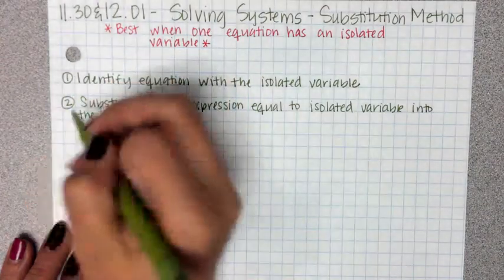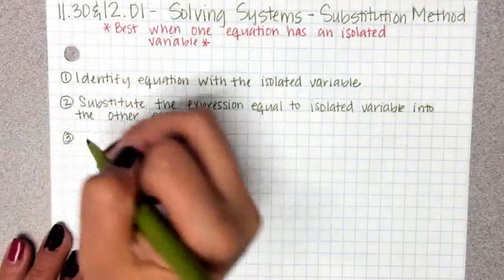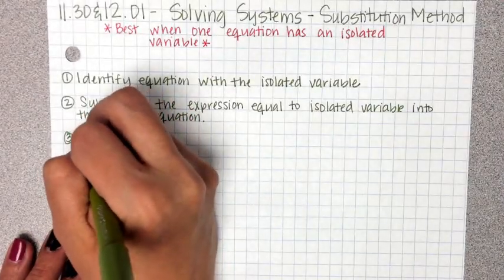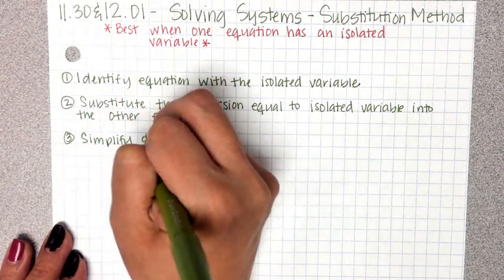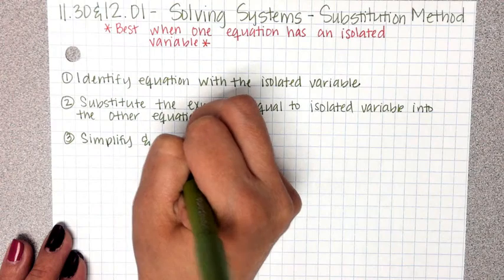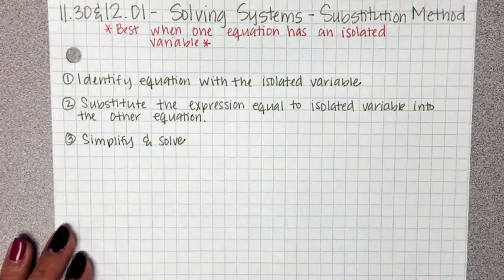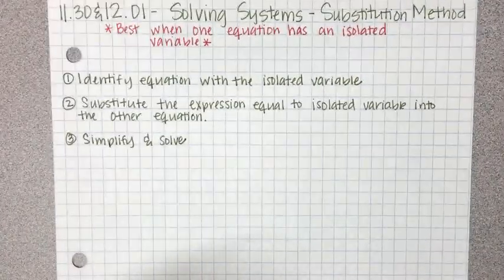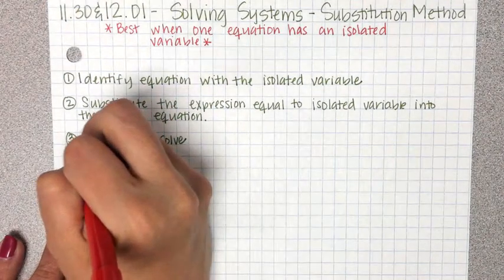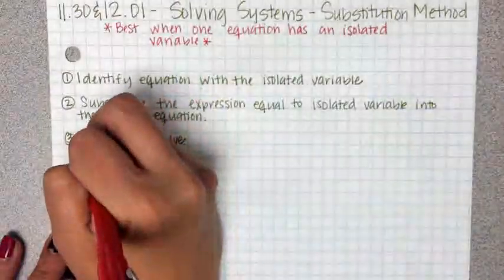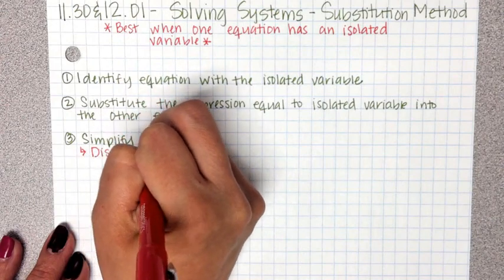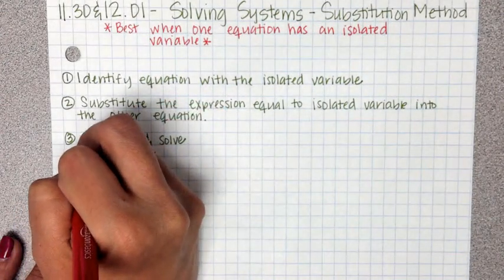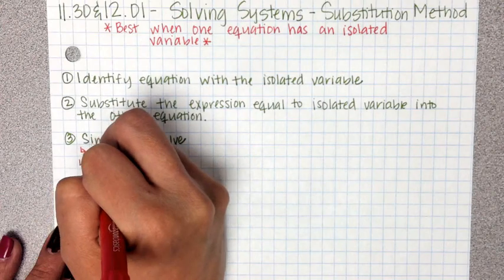So once you substitute, you're then going to simplify and solve. Pretty much check to see if you can distribute. If you can't distribute, then go on to combine like terms.